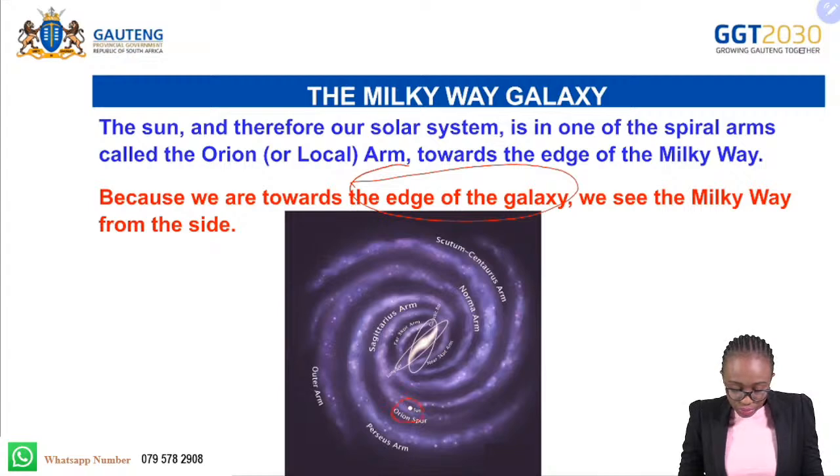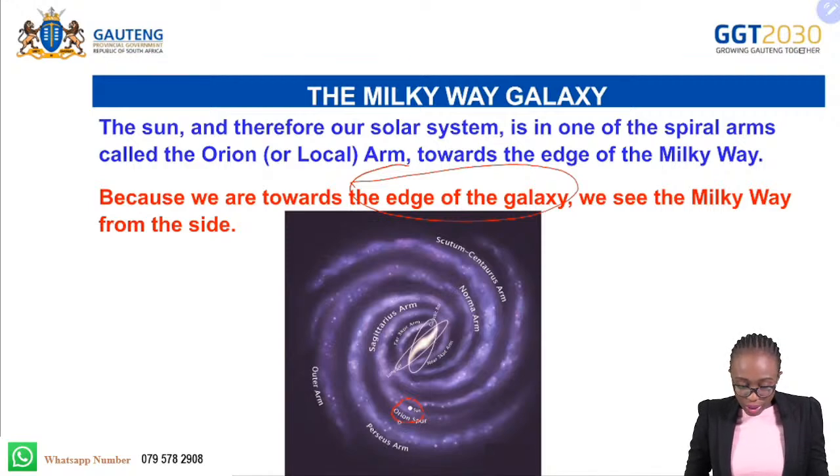As you can see here, we're at the edge of the Milky Way. We're not near the middle. Because we're at the edge between the Perseus and the Sagittarius arm, we tend to see the Milky Way from the side.